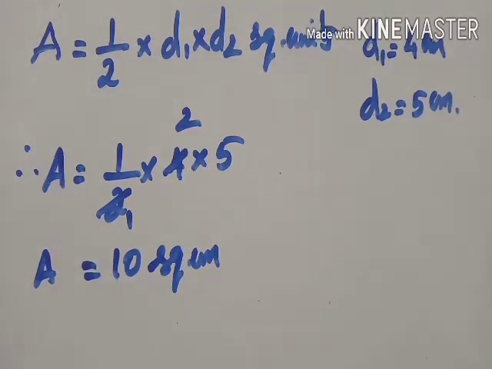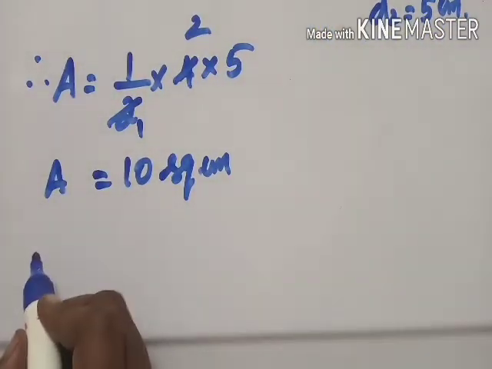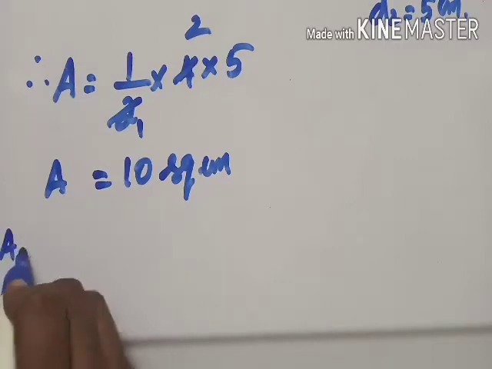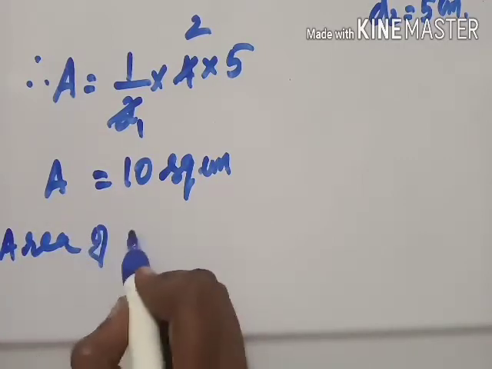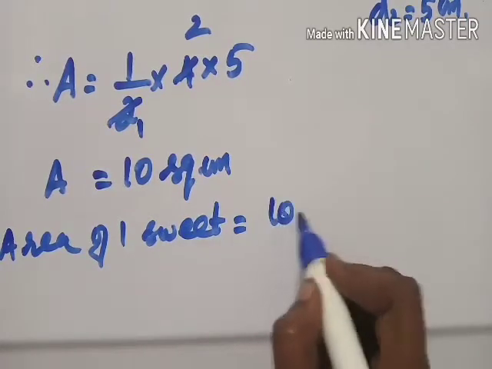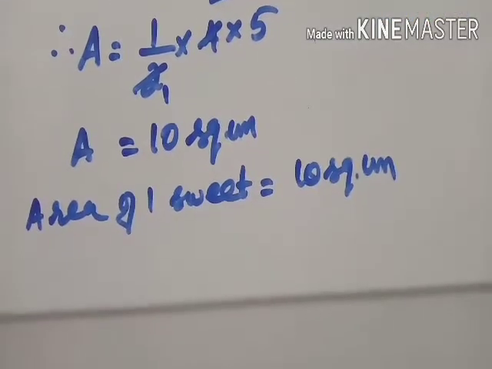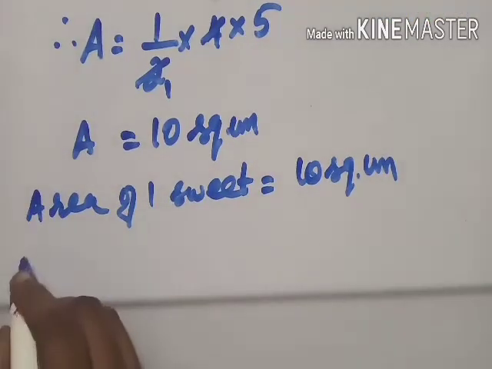So here how many sweets are there? 400 sweets, right? So this is the area of one sweet, equal to 10 square centimeter. So find the area of 400 sweets.